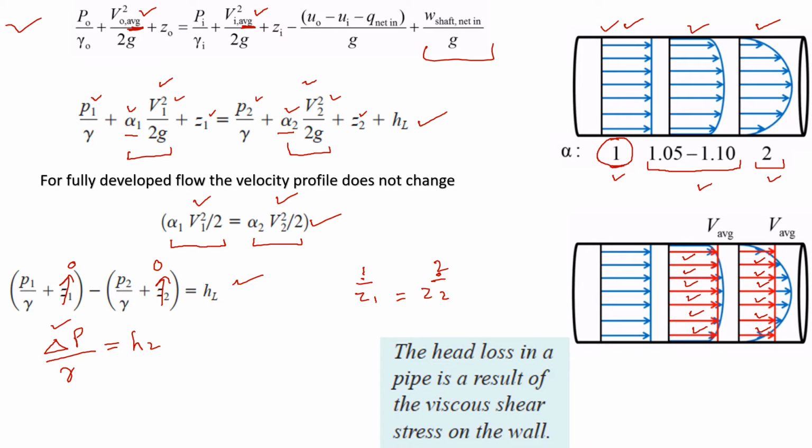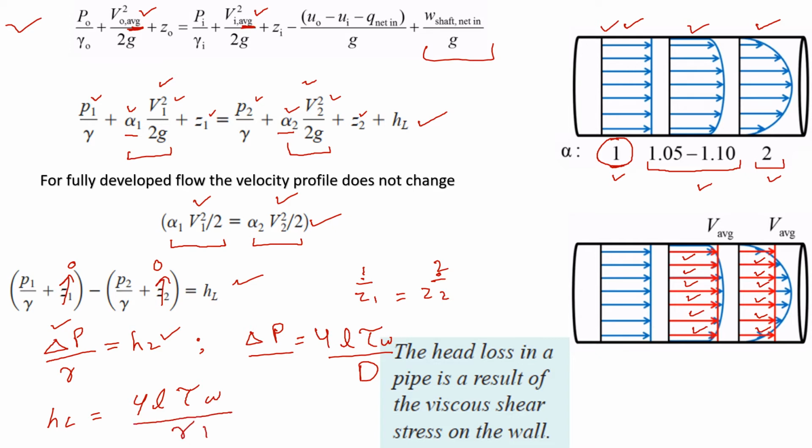So let's write that equation: delta P is equal to 4L dot W over D. Let's put the value of delta P in this equation, and we will come up with an equation for our head loss, and that will be 4L dot W over gamma D.